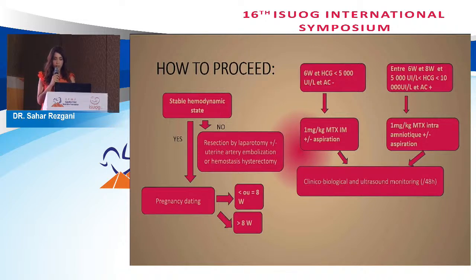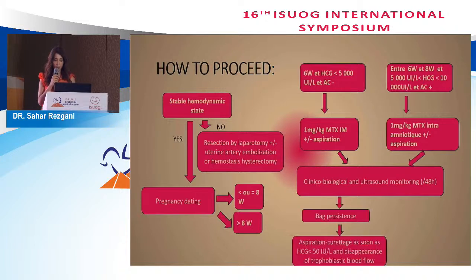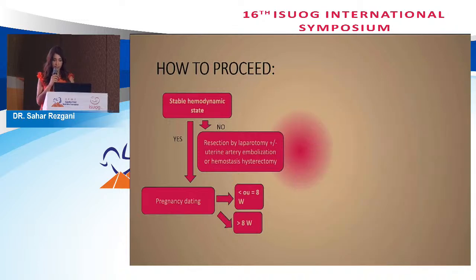For both cases, we must do clinical biology and ultrasound monitoring every 48 hours. If bleeding persists, we must do aspiration curettage as soon as plasma HCG is less than 50 and there is a sprint of trophoblastic blood flow. If failure, we must consider it as pregnancy of more than 8 weeks.